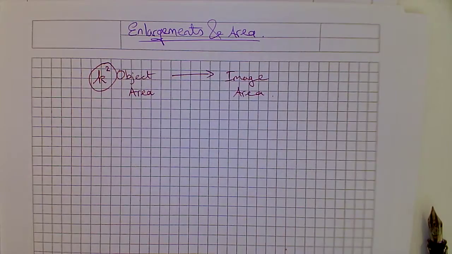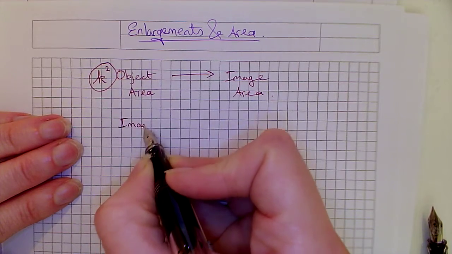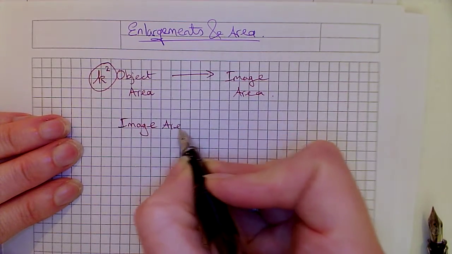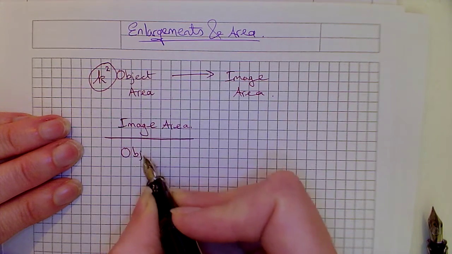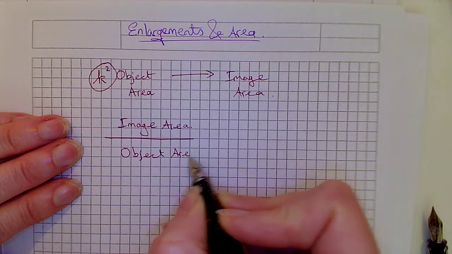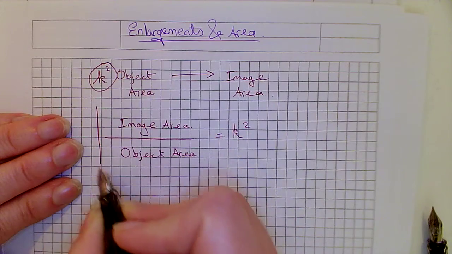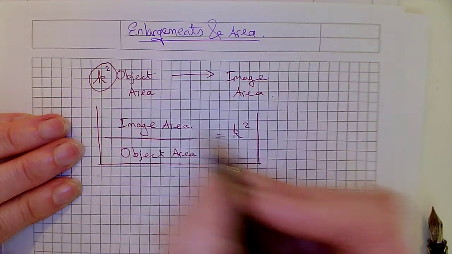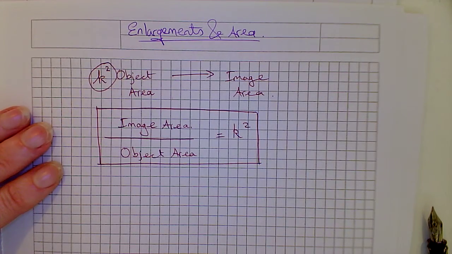An easier way of writing this down is to say that the image area divided by the object area will give us k squared. So we might use that as a formula depending on the questions. So let's do an example.